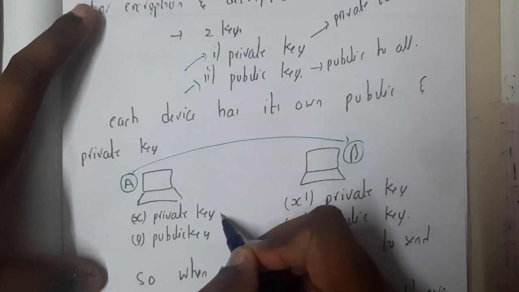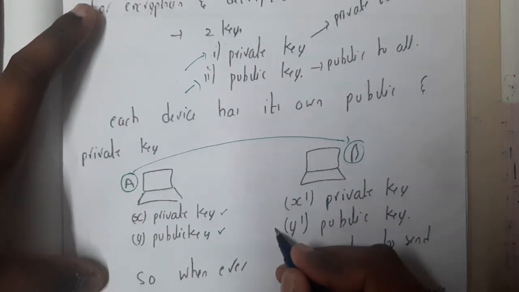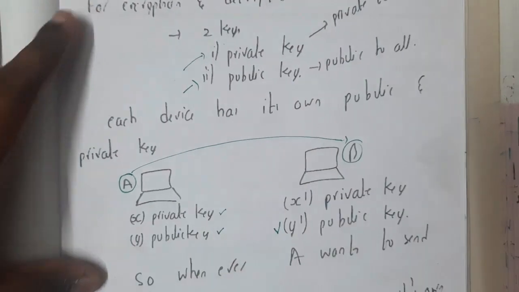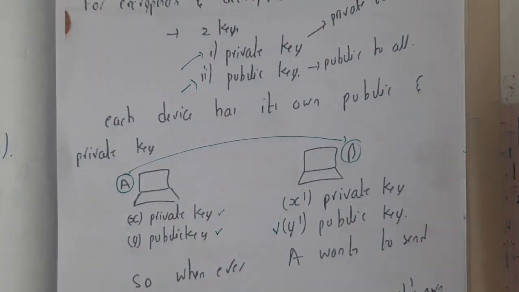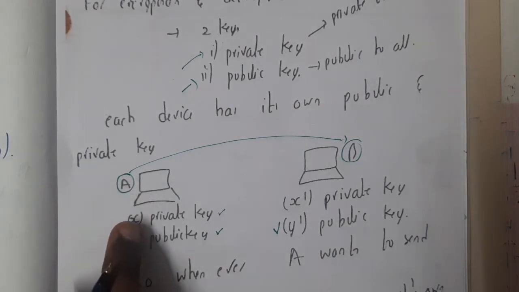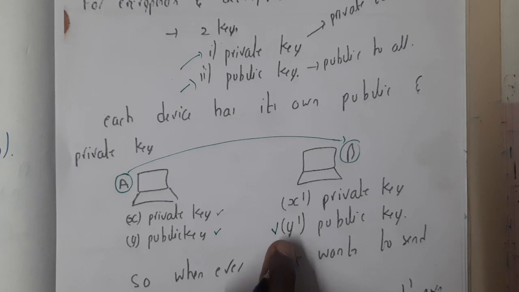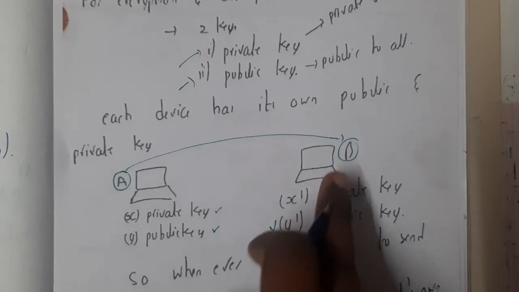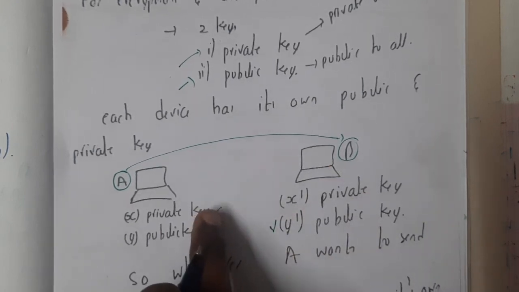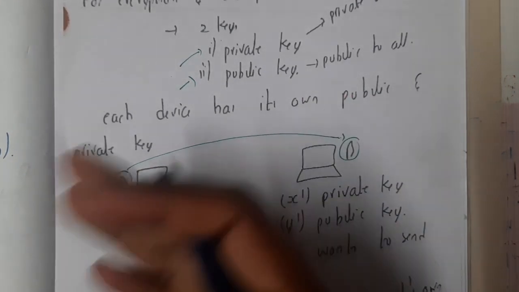A has its own private key as well as public key, and A knows B's public key, right? So A first encrypts the message with its private key, and then encrypts the message with the public key of B. So it uses its own private key and the public key of the other party to send the message.